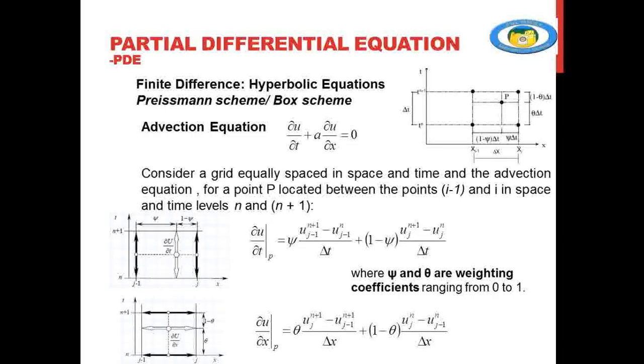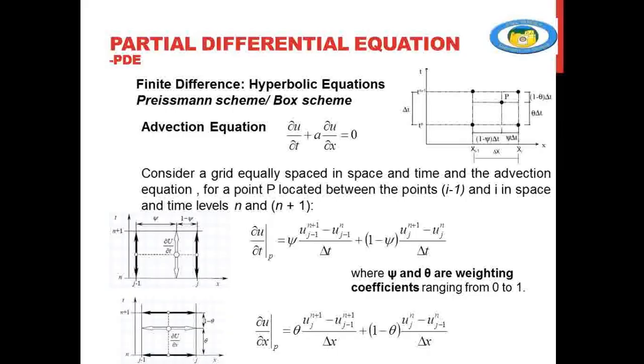Whereas the spatial derivatives at the P's node, again, are going to be the weighted average of the forward difference of the first derivatives at the n plus 1 time and at the n time.